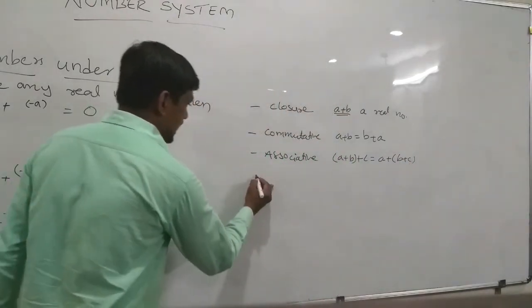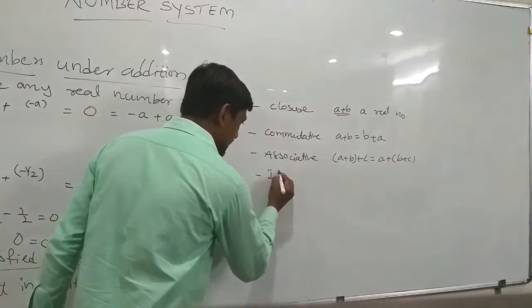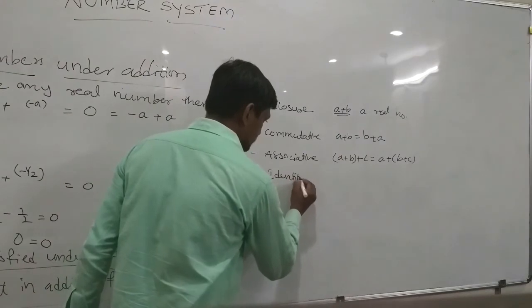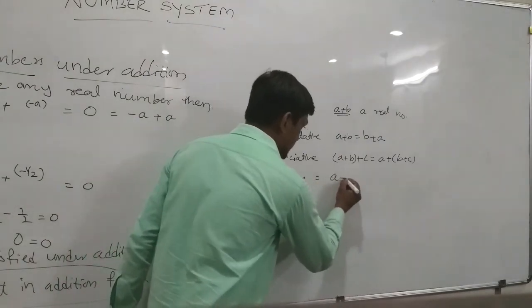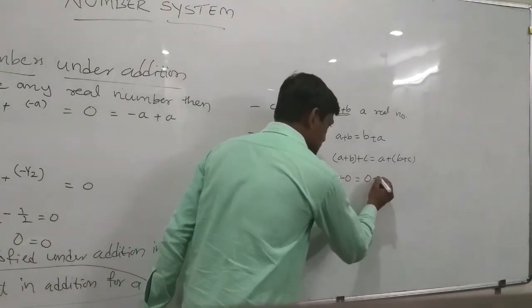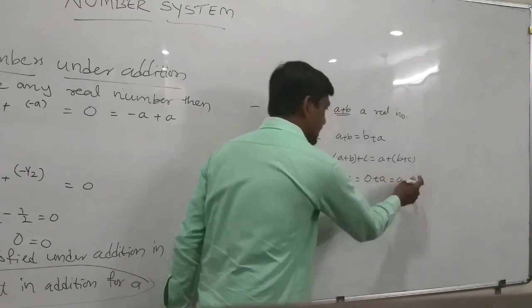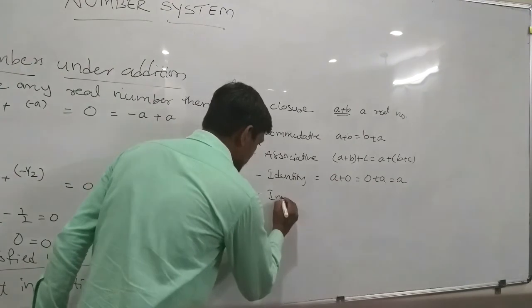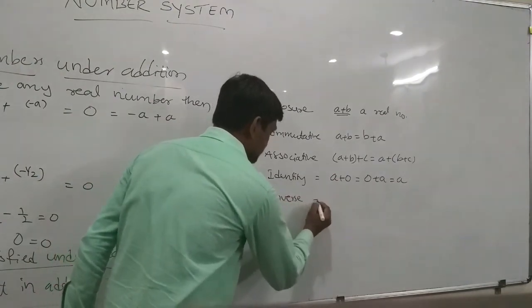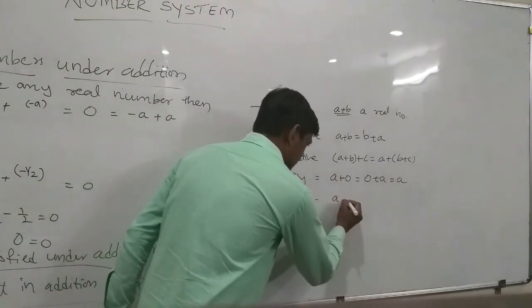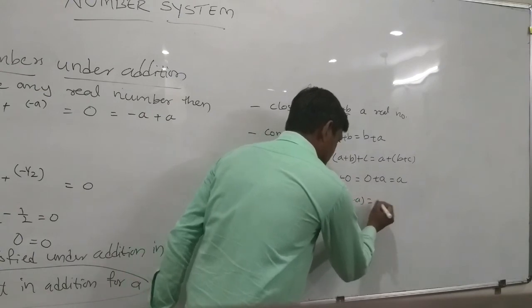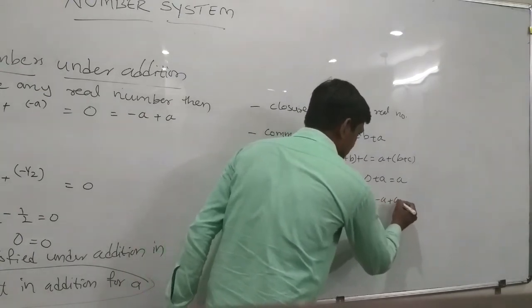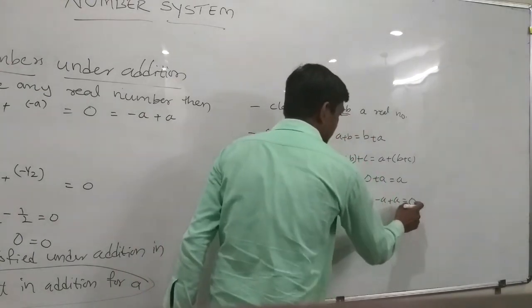The next is identity, that is additive identity: A plus 0 should be equal to 0 plus A, the same element again. The next property is inverse: A plus minus A is equal to minus A plus A, which should be equal to 0, the identity element.